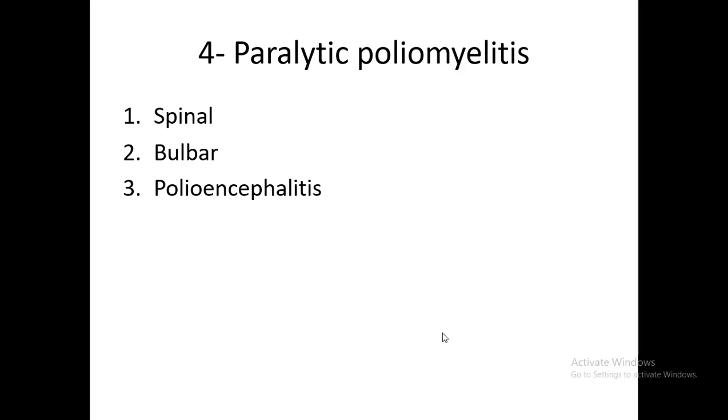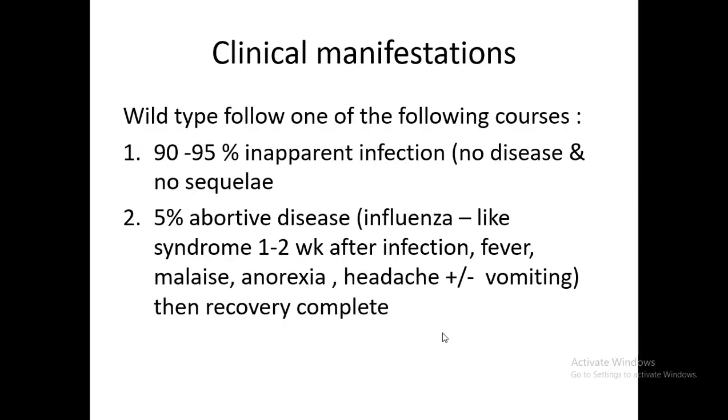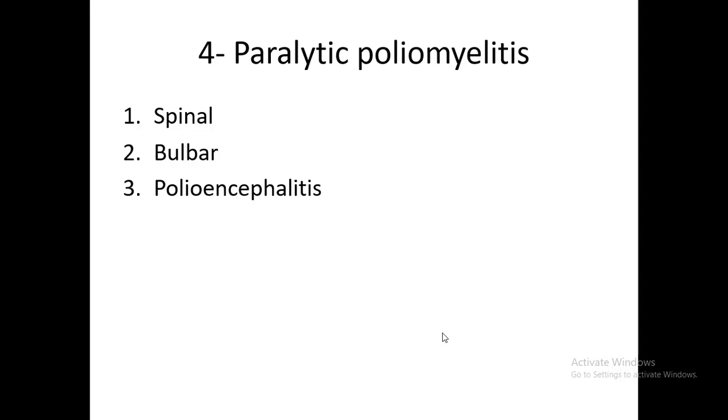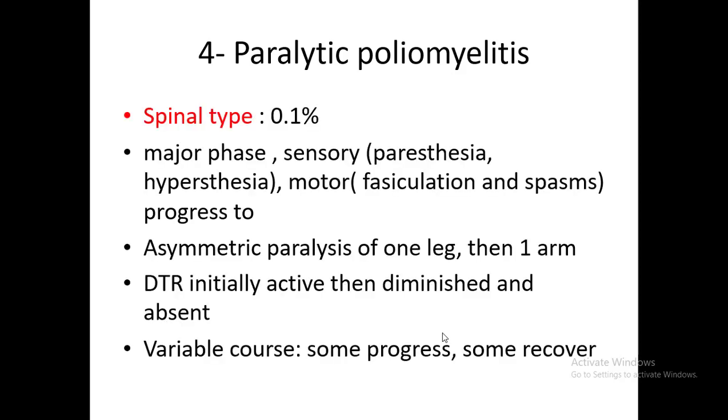So there is 90 to 95% inapparent, 5% abortive, 1% non-paralytic polio, which is abortive with some stiffness. And there is the paralytic polio, which is either spinal, bulbar, or polioencephalitis.